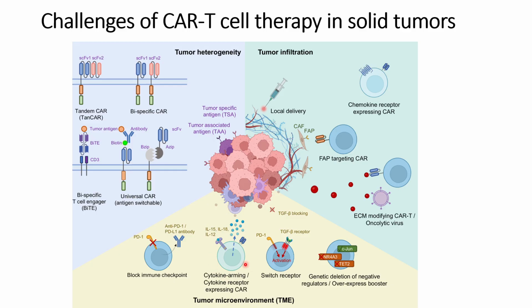Another approach is to inhibit the cytokine receptors or use cytokine arming, and at the same time express CARs that can release cytokines, thereby remodeling the tumor microenvironment, as can be seen in this figure.